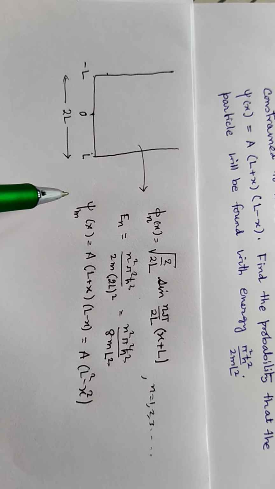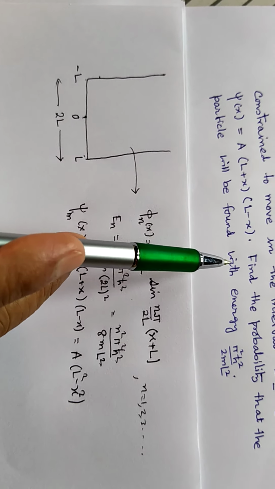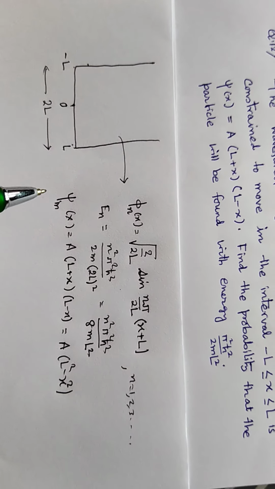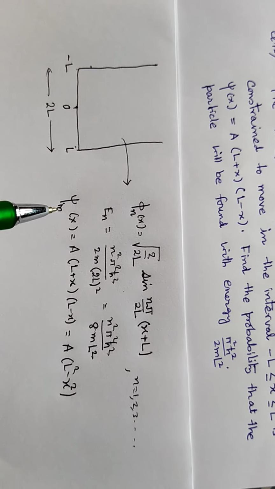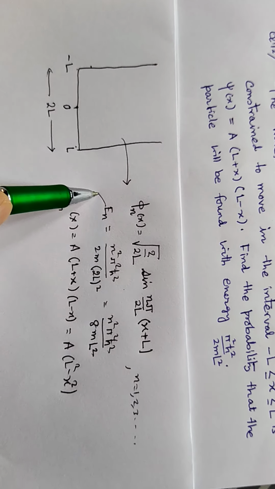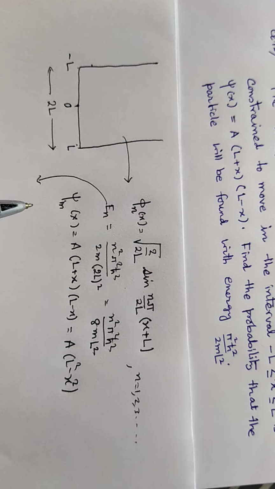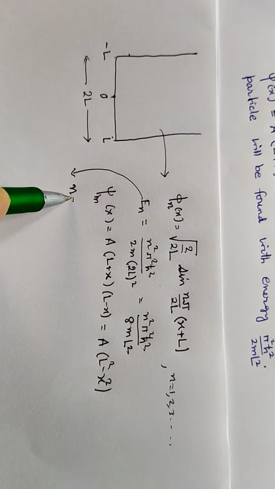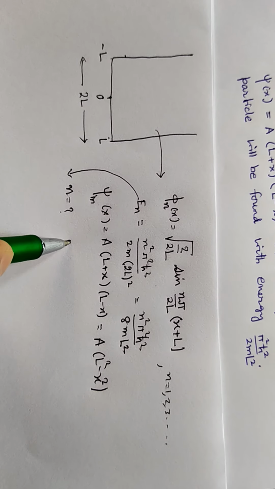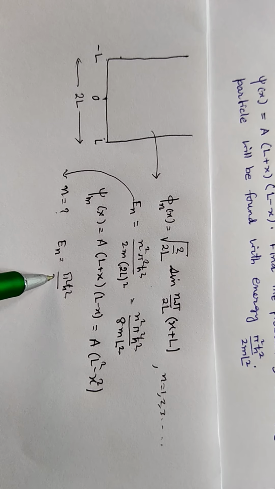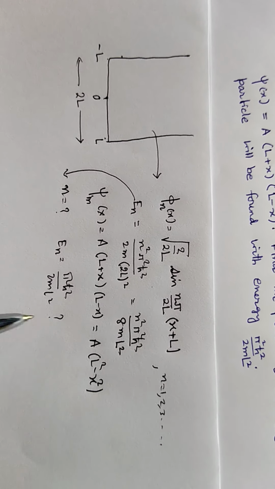Now we have to find, they're asking to find the probability that the particle will be found with energy π²ħ² by 2mL². And we see this is the energy for the states n equals 1, 2, 3, 4. Then for what n value does En equal π²ħ² by 2mL²?